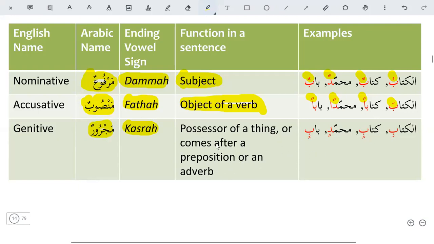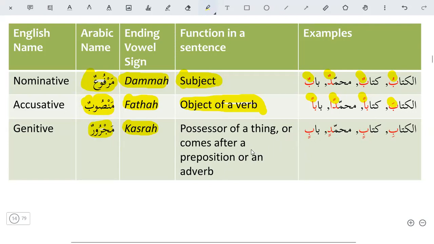A noun will be majroor when it is the possessor of a thing. We call it mudaf ilayh. You will learn after this; I will explain it to you. When someone is the possessor of a thing, it will take kasra.